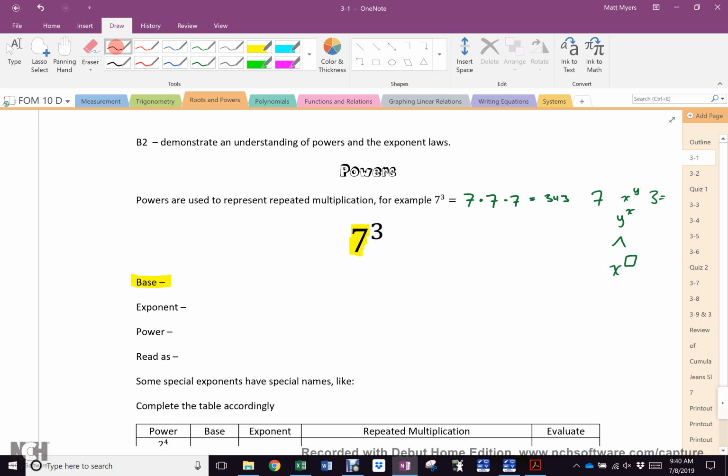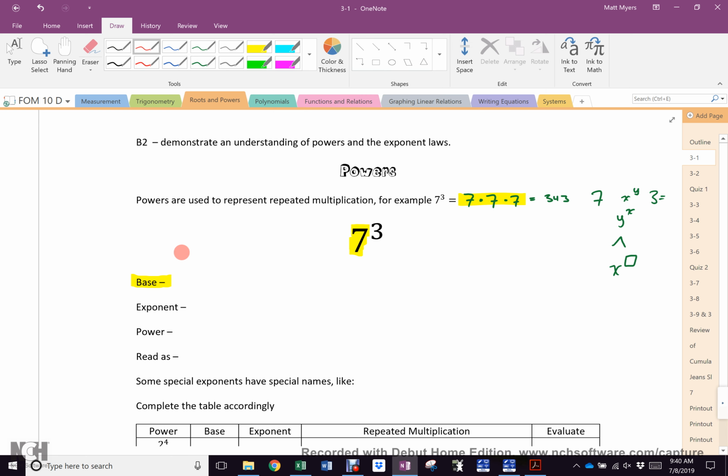And don't say 7, because I already know it's 7. Tell me what a base means. Don't give me an example. Well, you all told me you understood what this was. So what's the base? Don't say number, because it might not be a number. Could be a variable.